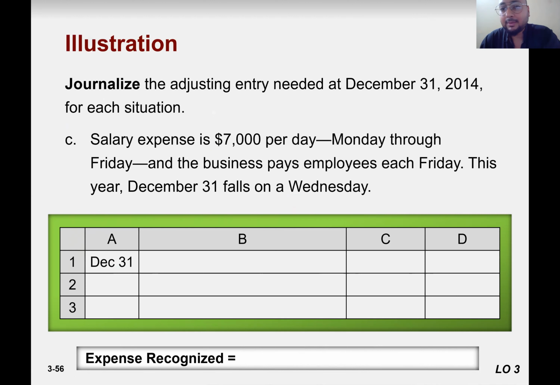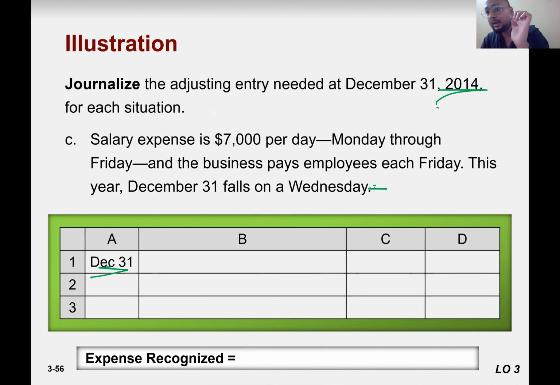Now, salary expense is $7,000 per day, Monday through Friday, right? Per day. And the business pays employees each Friday. Now, this year, December 31st, which is our recording date, falls on Wednesday. What does it mean? Till Wednesday, how much salary is accrued, or how much salary belongs to 2014?